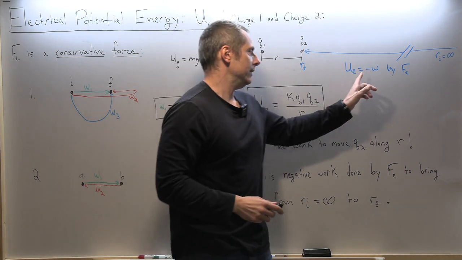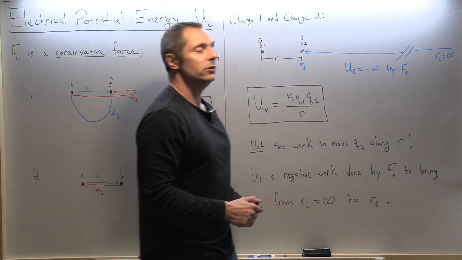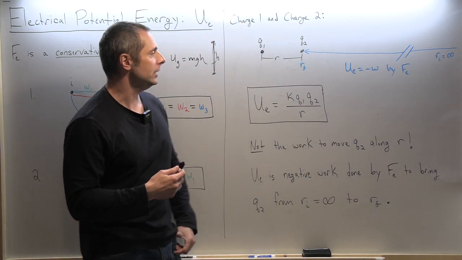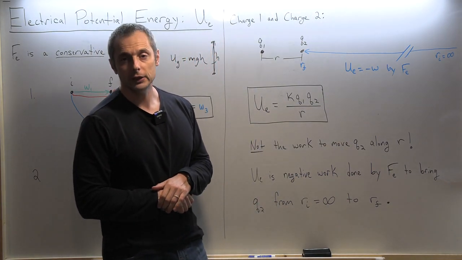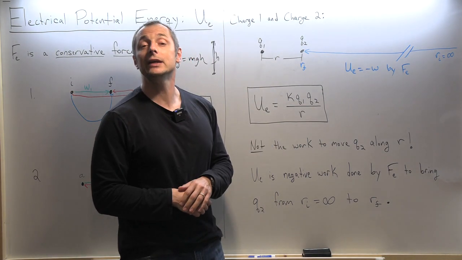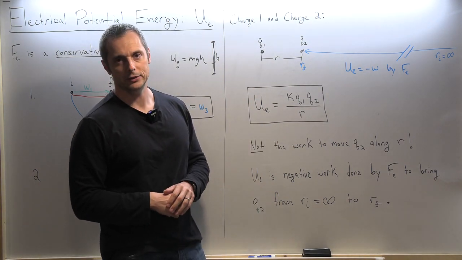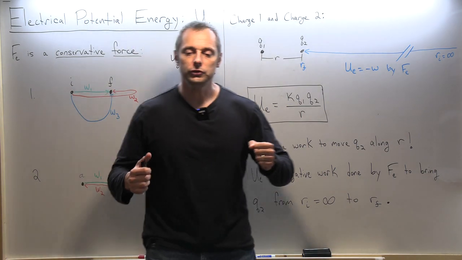So we say negative of the positive work done by gravity is the negative potential energy change when something drops. So that's why you need a minus sign always with all potential energy calculations. So when you go against the force, you're actually increasing the potential. And when you go with the force, you're decreasing potential energy. Okay? So that's it. And it's the same thing with charges.